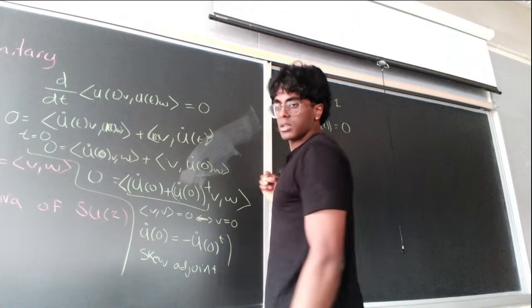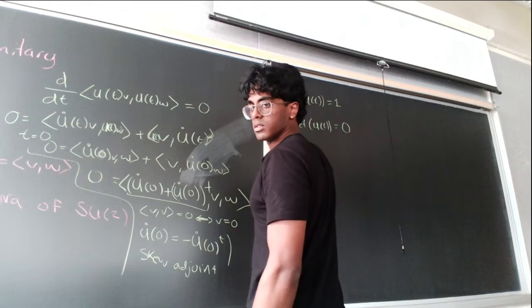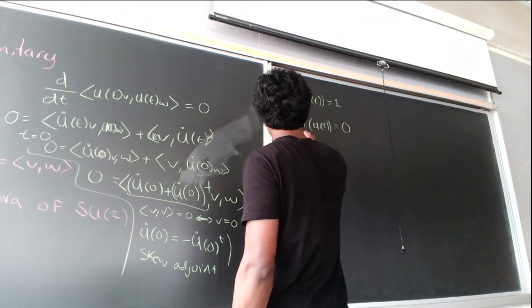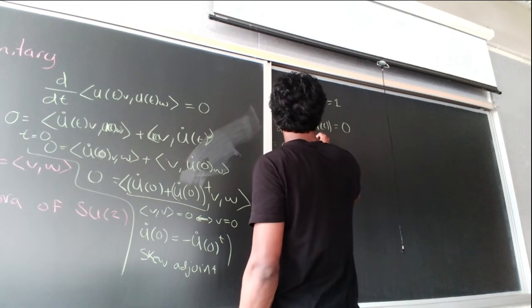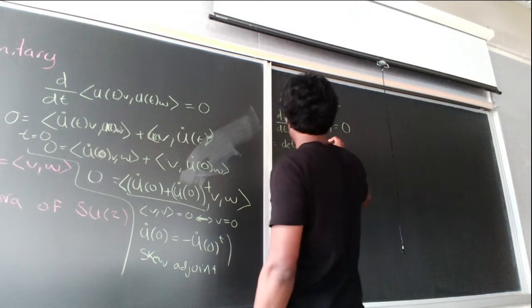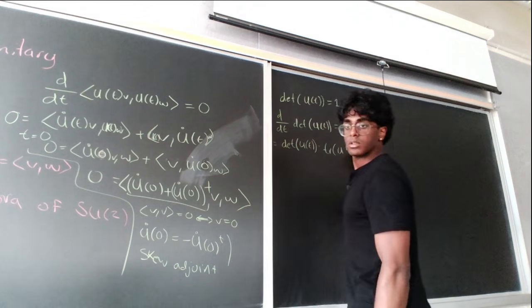Equal to 0, and there's this identity that basically says that this is equal to the determinant of u times the trace of the inverse.